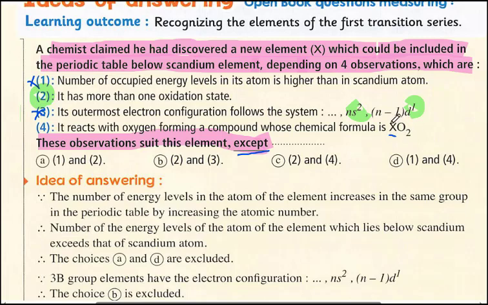The only oxidation state of this group is positive 3, so number 4 is wrong, but here we want the exception, we want the wrong, so we will take it. Okay, so the correct answer is the answer of 2 and 4. This is the answer, so the correct answer here is C.